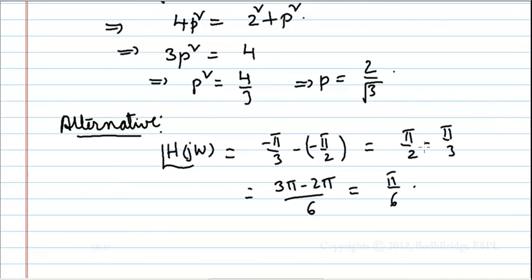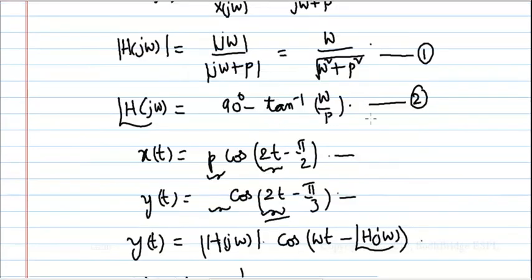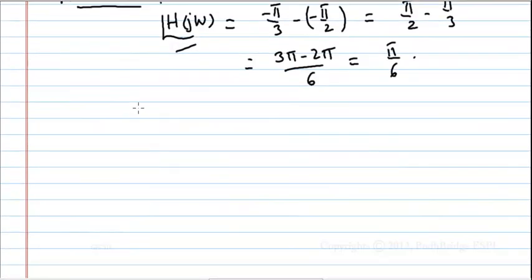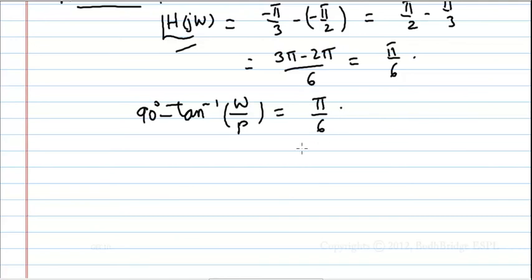We have already found the angle of H(jω), which is given by the second equation, that is 90 degrees minus tan inverse of ω/p, which is equal to π/6, as we have found from the phase difference between the input and the output. Now we can write π/2 − tan⁻¹(ω/p) = π/6.